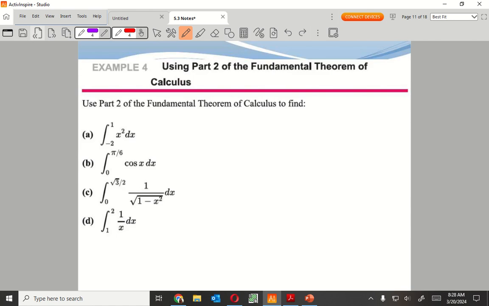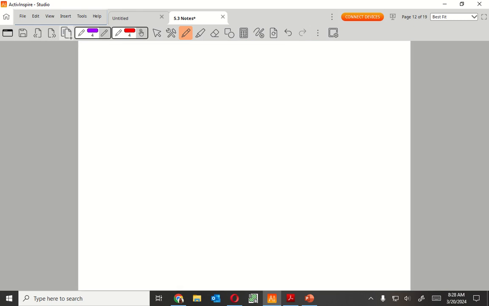C, 0 to rad 3 over 2. And this one right here is kind of a pain. But hopefully we do remember what this one is. That's 0.